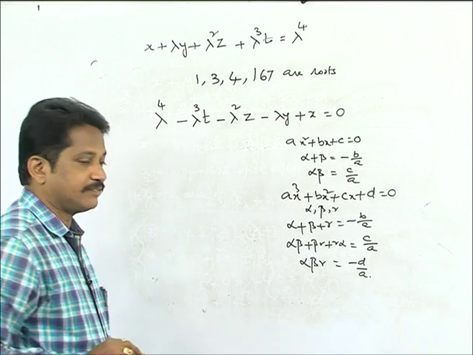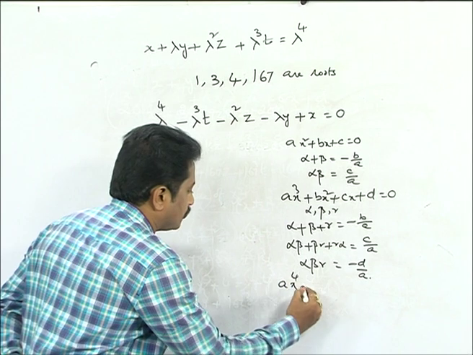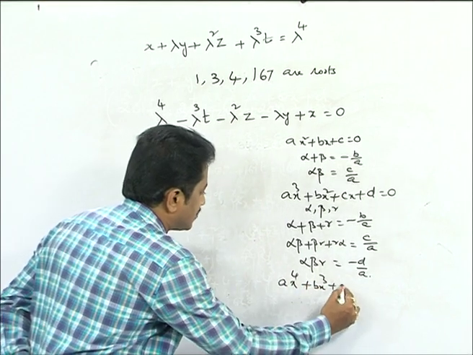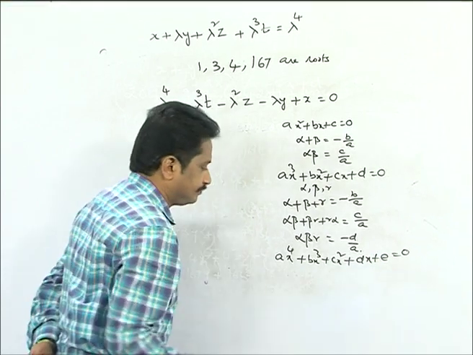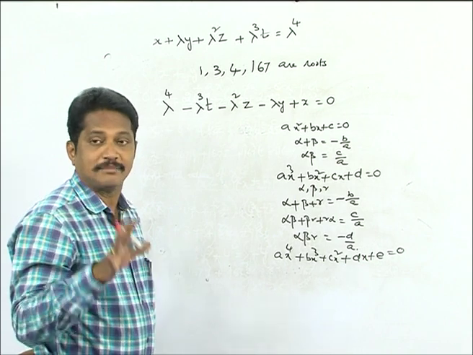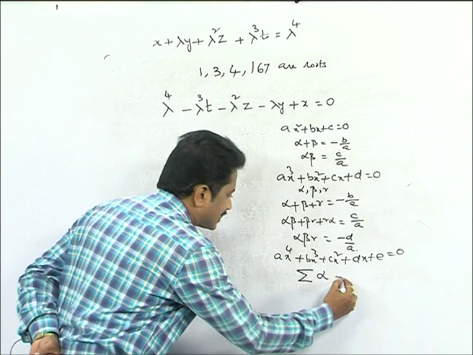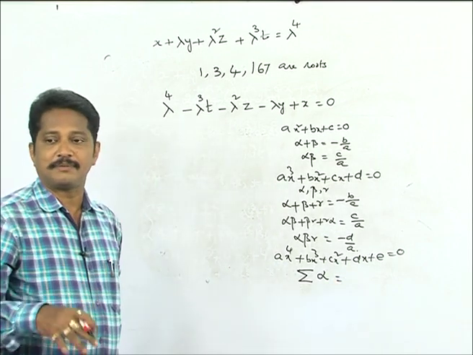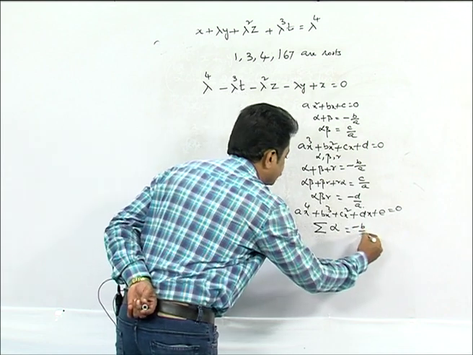If it is a 4th degree equation, ax power 4 plus bx cube plus cx square plus dx plus e equal to 0, here there are 4 roots, say alpha, beta, gamma, delta. I will write in a simple form, sigma alpha. What is meant by sigma alpha? Alpha plus beta plus gamma plus delta, which is minus b by a.